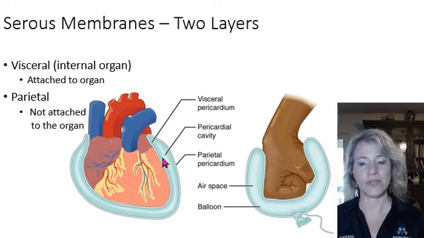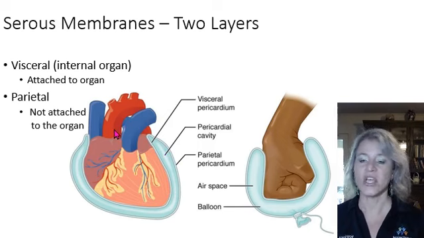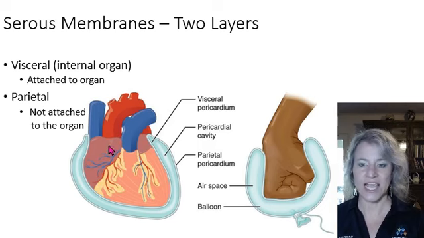And between them, there's a space housing the serous fluid, which is the water-like fluid. And so these organs, the heart, the lungs, and your guts, are sitting inside this kind of sack of water, completely surrounding the heart. The pericardium is a space that holds the serous fluid.